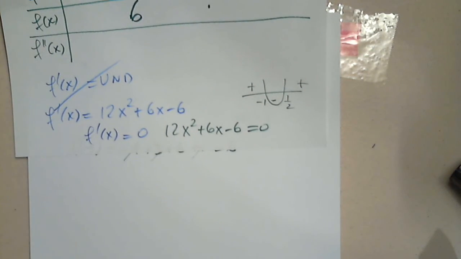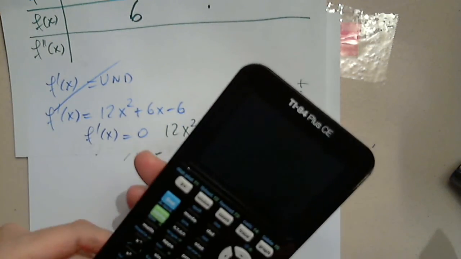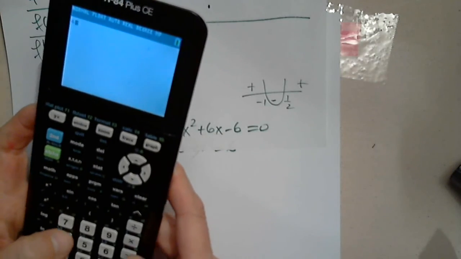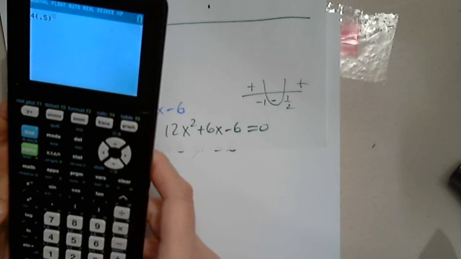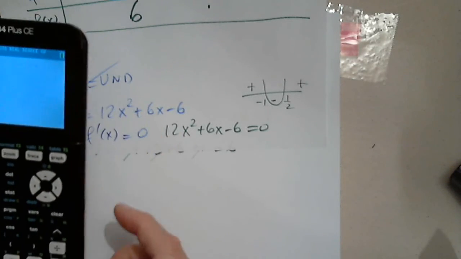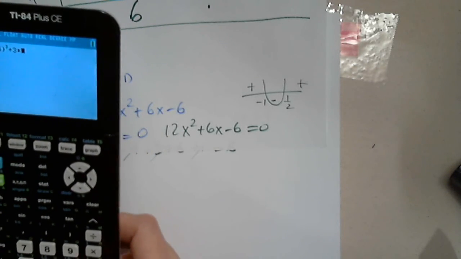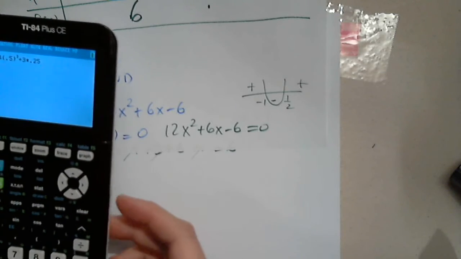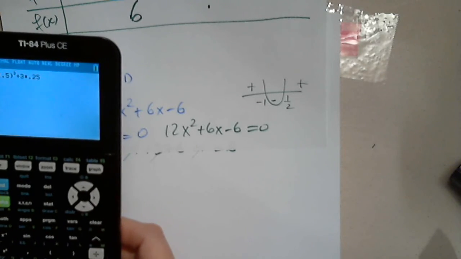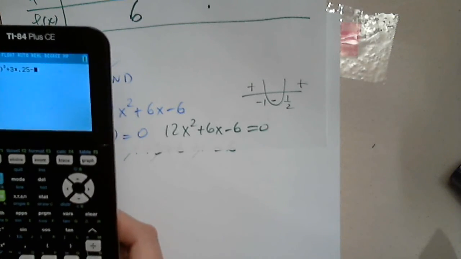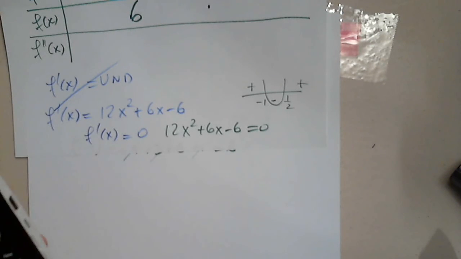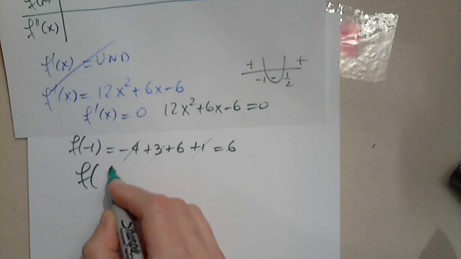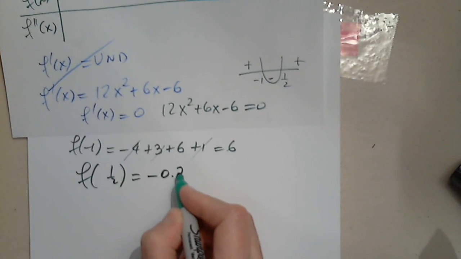But to plug in 0.5, I'll just use 4, in parentheses 0.5, to the third power, and then plus 3 times 0.25, because 0.5 squared is 0.25, minus 6 times 0.5, which is negative 3, and plus 1. And I got negative 0.75. So f of 1/2 is negative 0.75.